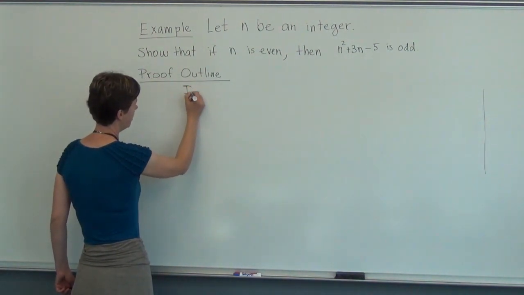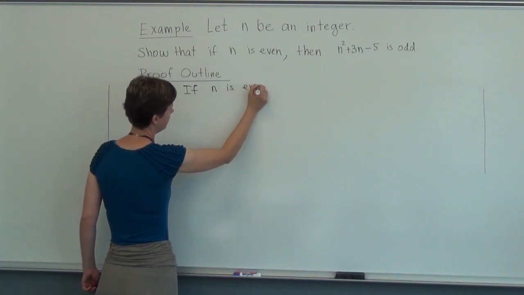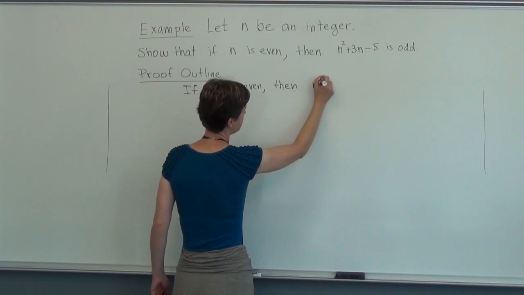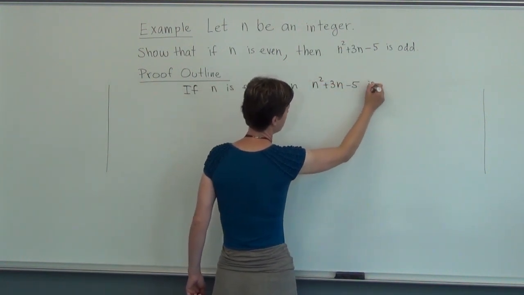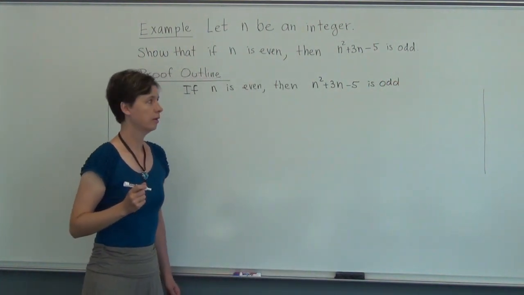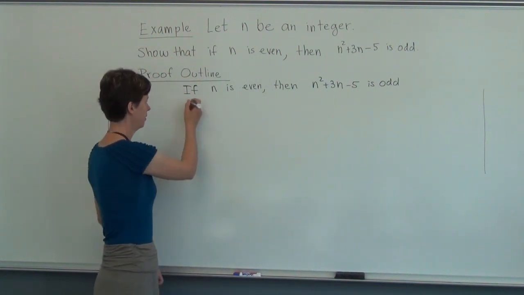We say that if n is even, then n squared plus 3n minus 5 is odd. This is an example of an if-then statement.